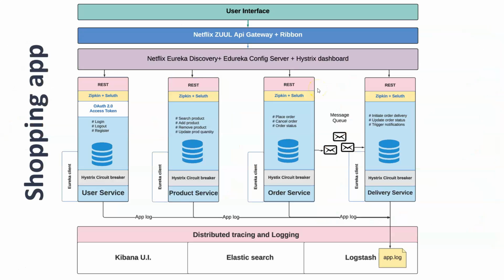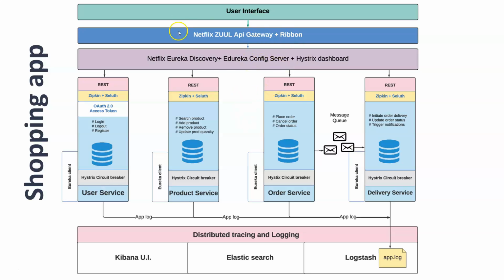All right, so what you see on the screen is a very standard approach to design a microservice. Here on top you have your user interface, and then we have the Netflix Zuul API gateway. Then we have the Netflix Eureka discovery server, and here we have the config server for the properties file or configuration details.